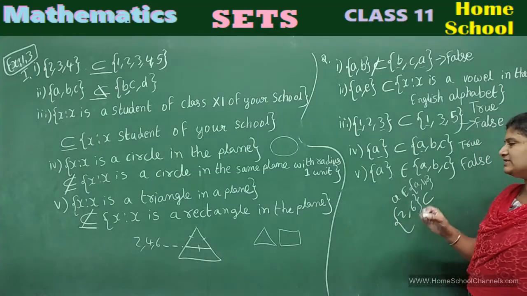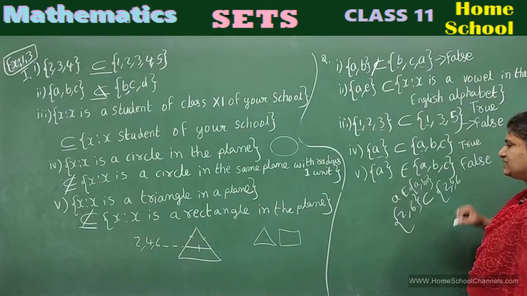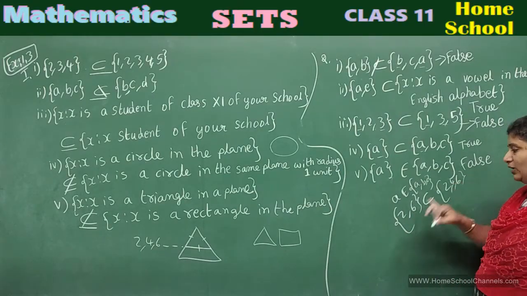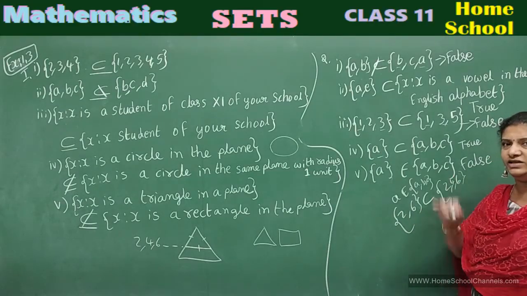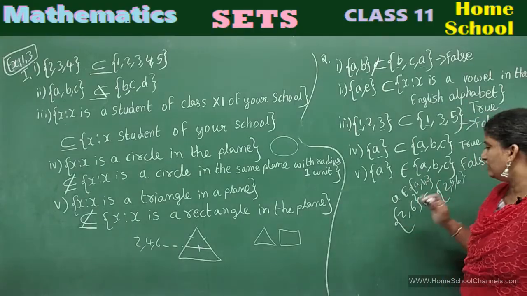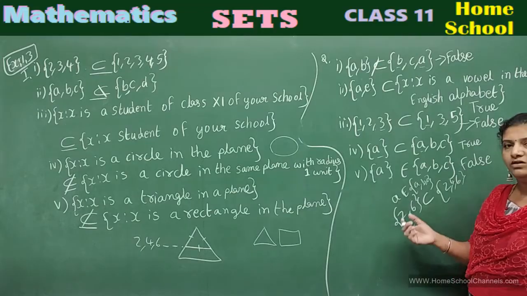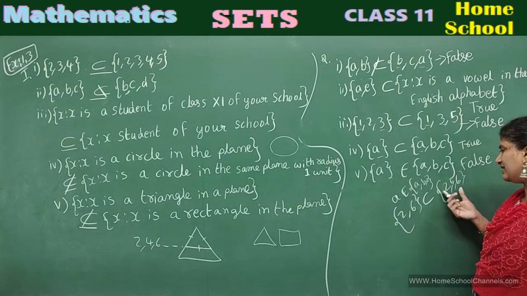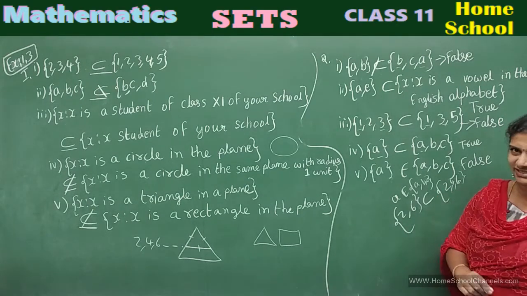Which divides 36 means you may have 2, 4, 6 like this. You can take all the numbers. In that, 2 and 6 are present. Therefore, this set is a subset of this set. Right? Divides 36 is not only these 3 numbers. You can take other numbers also. These 2 elements are present in this set. Therefore, I can say this is a subset of this set.